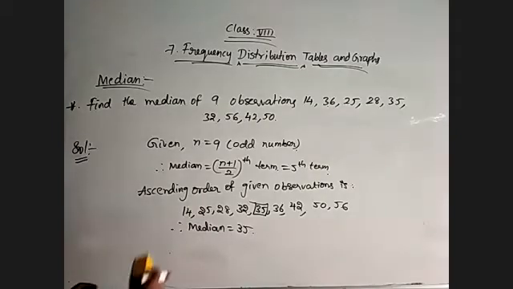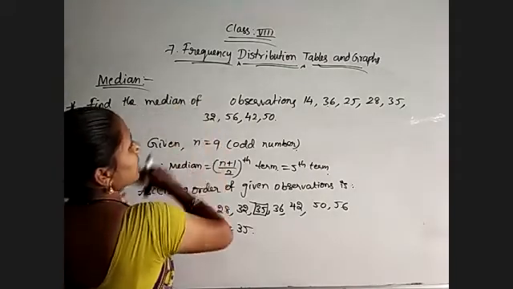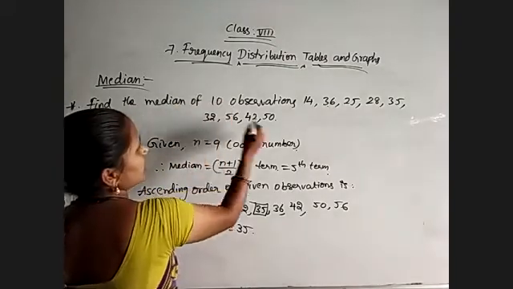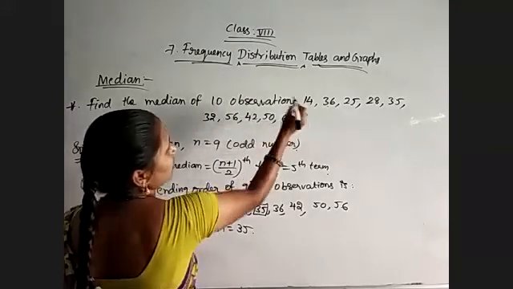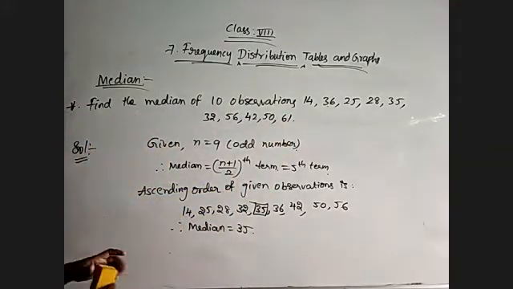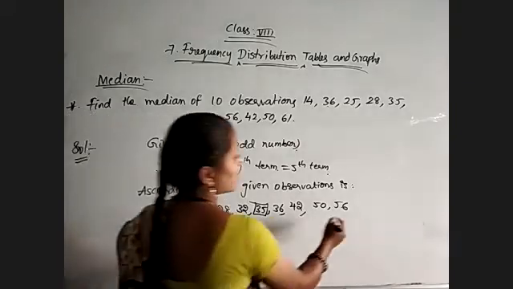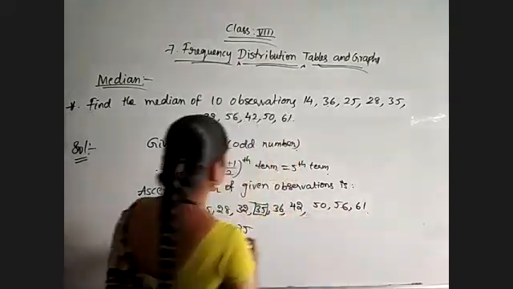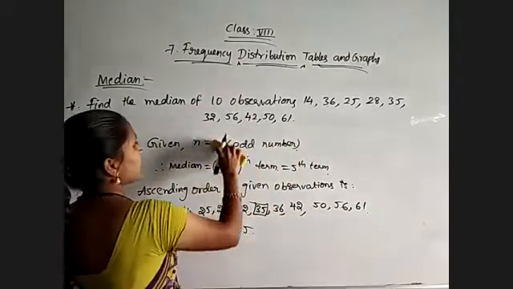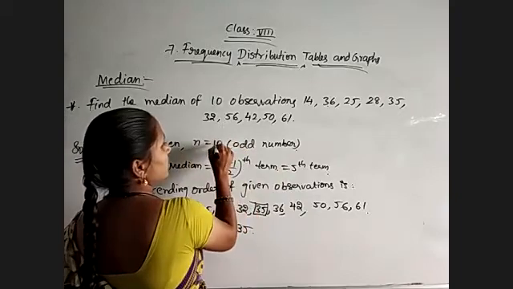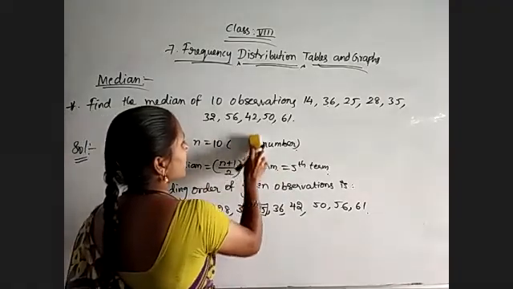Now if 61 is added to the same values, a total of 10 observations are there. So 61 is the highest number. So lastly we will get the ascending order of the data, and here n is equal to 10. So it is an even number.